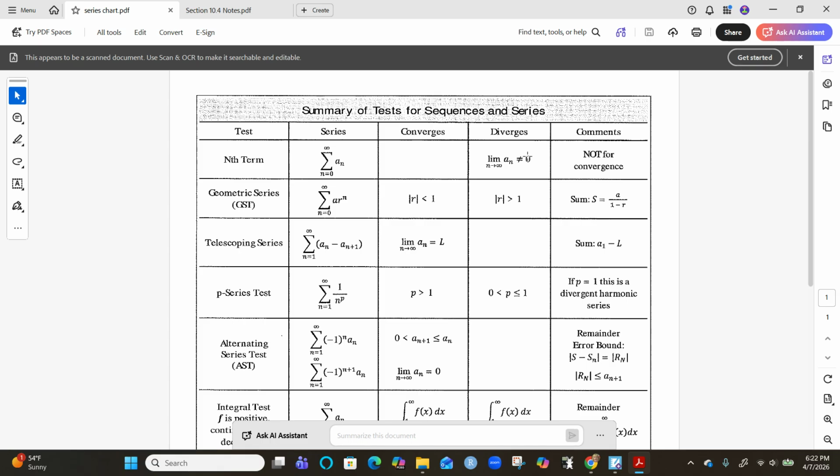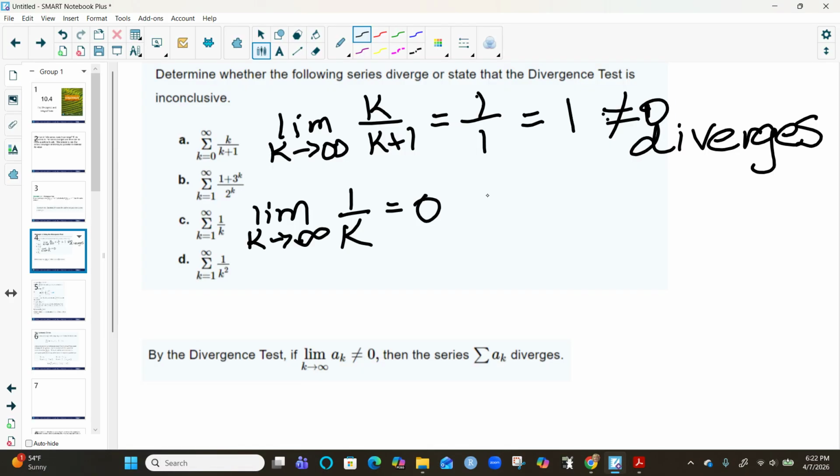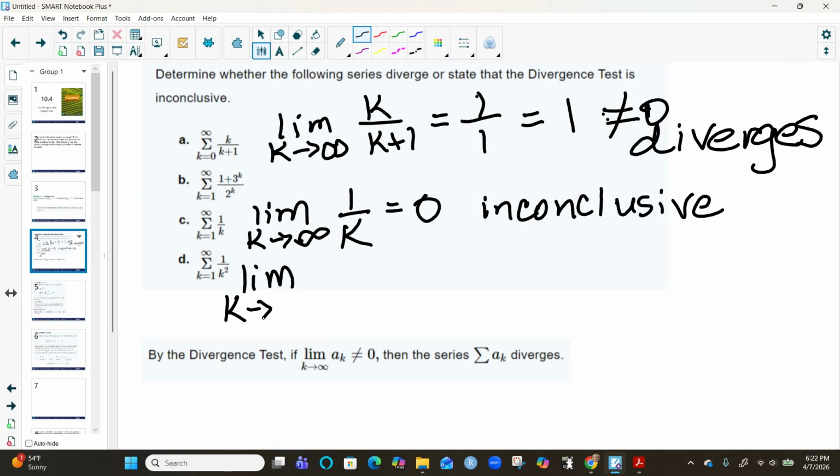The limit is 0. So there's no conclusion that we can make. Okay. If we do the same thing with D, we get 0 again by the same rule. It has a horizontal asymptote at 0.